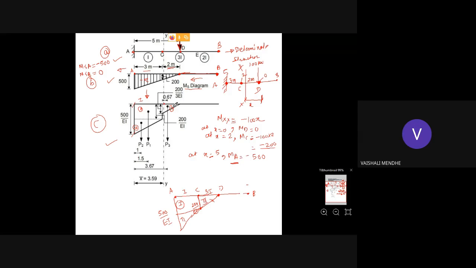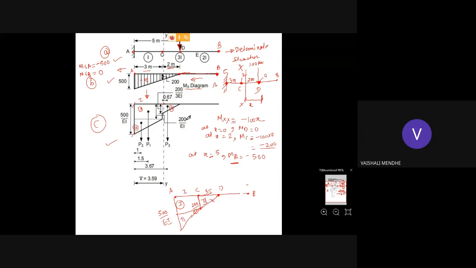Now the total here is 500 by EI, because the value of I from here to here is equal to 1. So this is 500 by EI, and this value is 200 by EI.